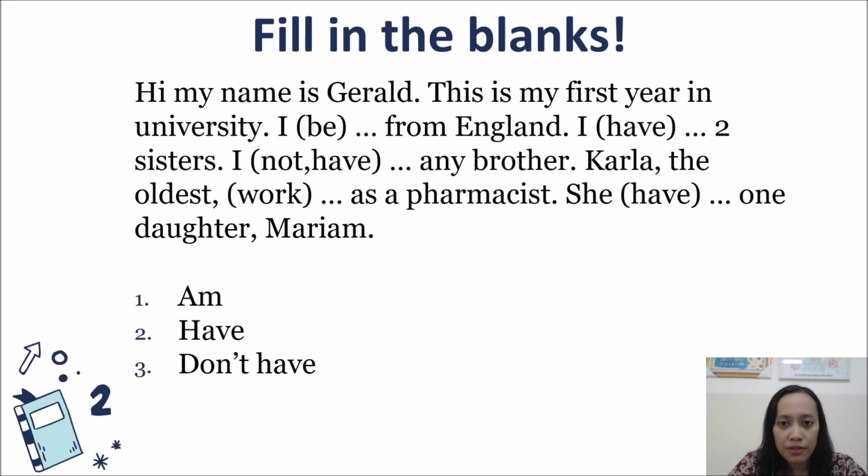Carla will be the subject. Carla is she. That's why we should change the verb work into works as a pharmacist. The last one, because we have the subject she and the verb have, we have to change the verb and adapt it into the simple present, and it will be, she has one daughter, Miriam.